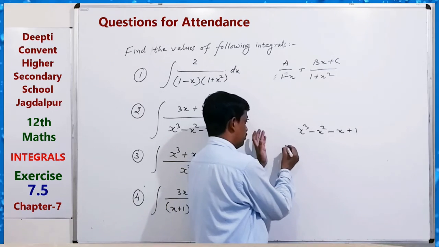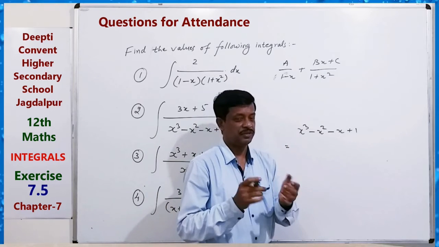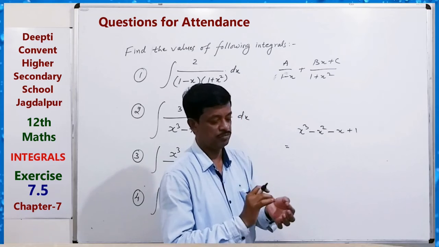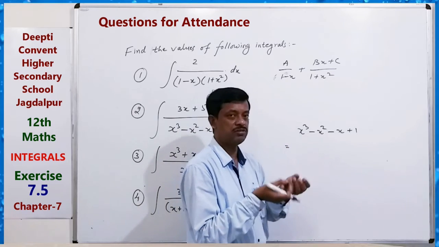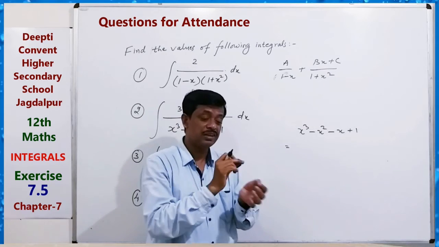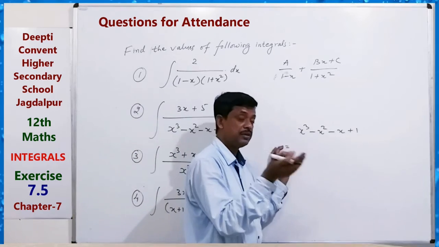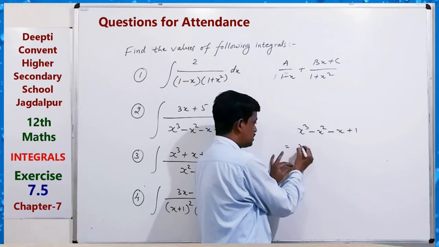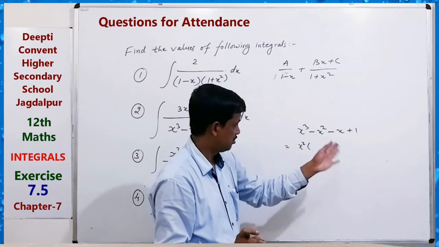So for factorization of a third-degree polynomial, guess one factor. You can put 1, 2, 3, minus 1, minus 2, minus 3 and see whether the value is 0 or not. If it is 0, then that is a zero a, and x minus a is a factor. 1 is a zero, so x minus 1 is a factor. Now we have to factorize this into linear factors, writing x minus 1 everywhere.